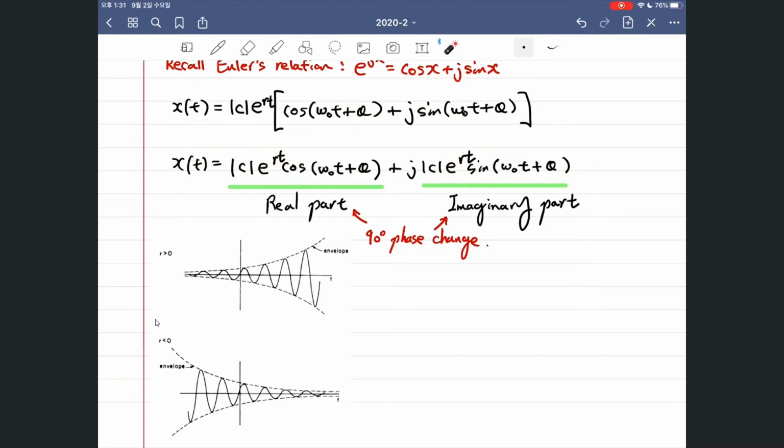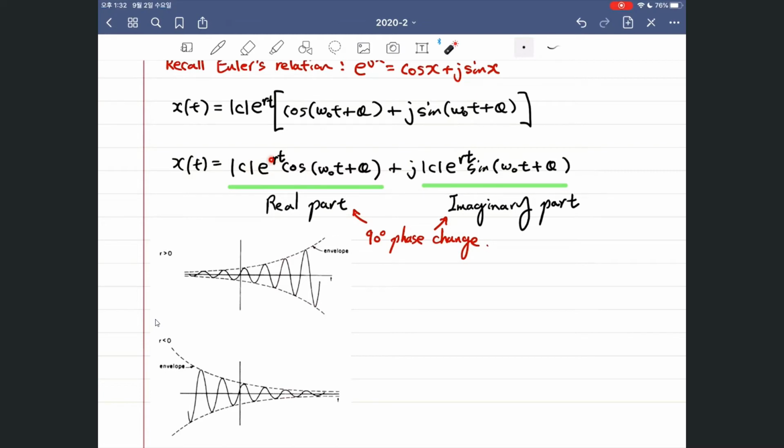And if you just see the real part here, no matter what value t has, the cosine of something is bounded between -1 and +1. Okay? So the minimum and maximum value of cosine is -1 and +1. And therefore, the growing or the decaying of this function is determined by this exponential term here.